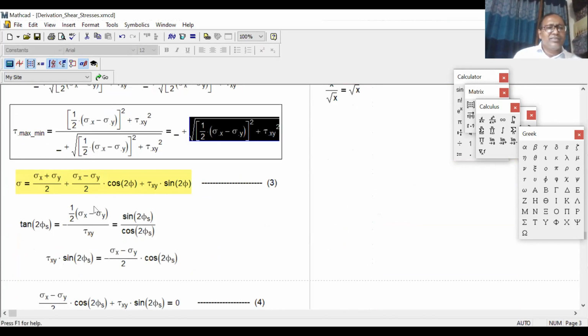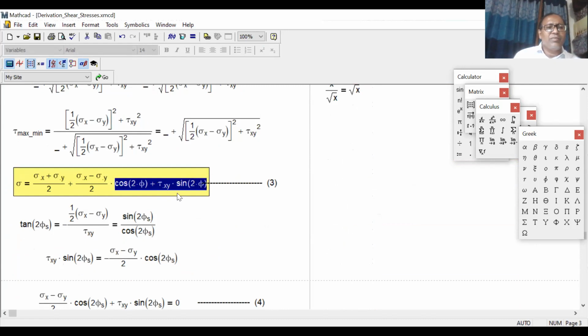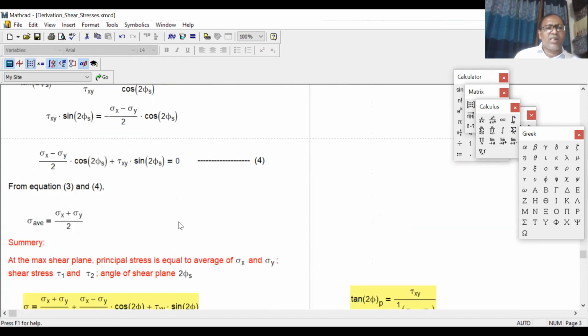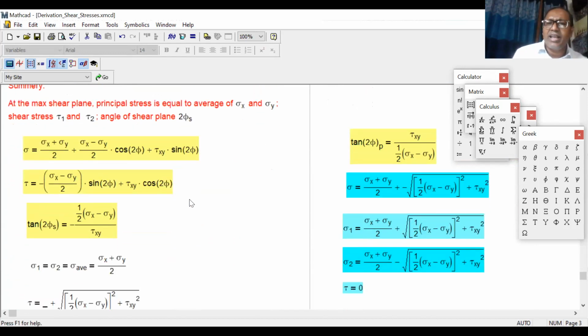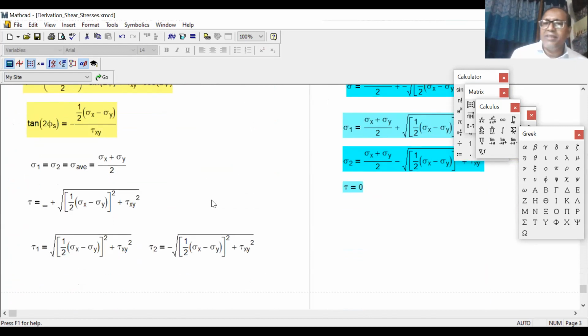Similarly, the same condition we put over here, and after simplification we see this term comes 0 and we have this. That's what we got. If we solve a problem, then it will be very clear to you.